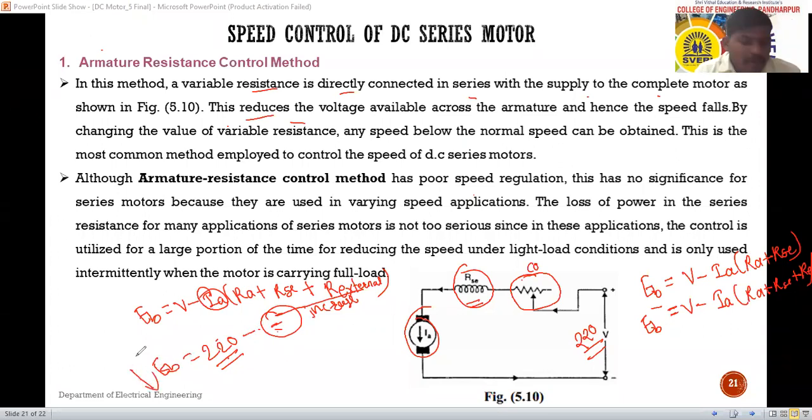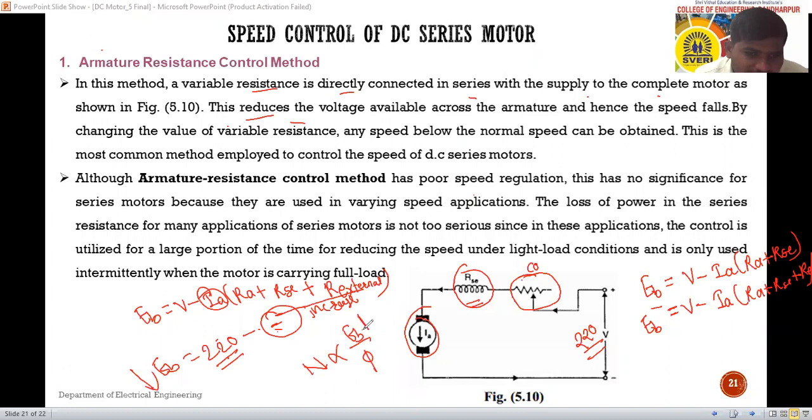So this back EMF of the motor is nothing but the voltage across the armature of the motor. So do you know that the equation is N is directly proportional to EB divided by phi.